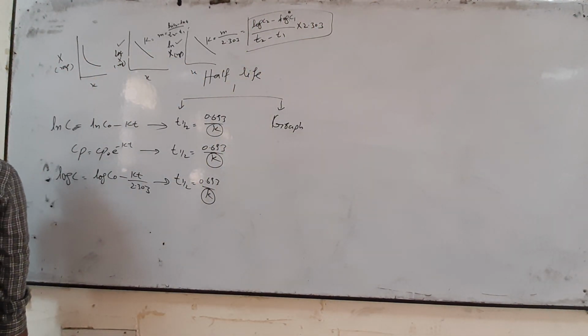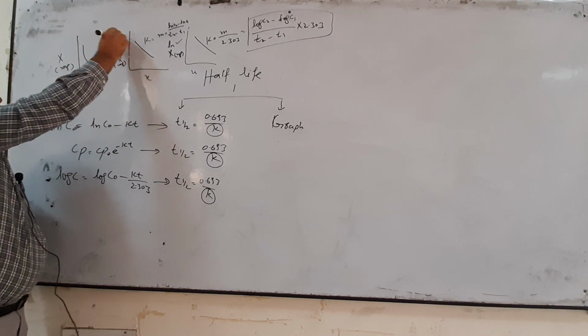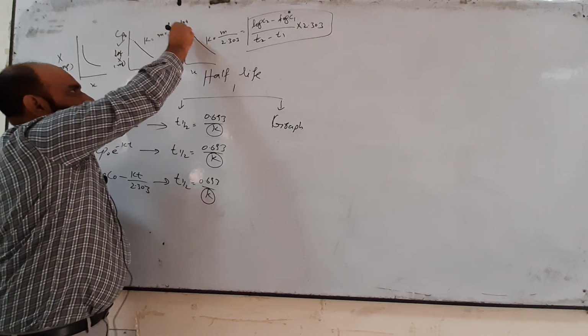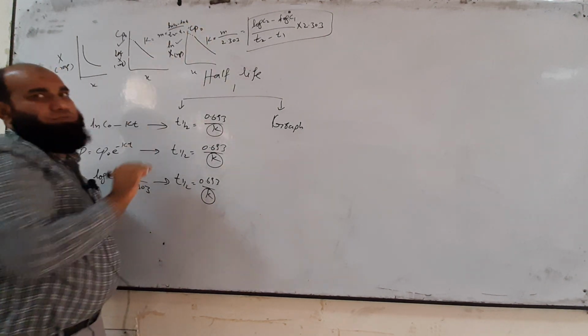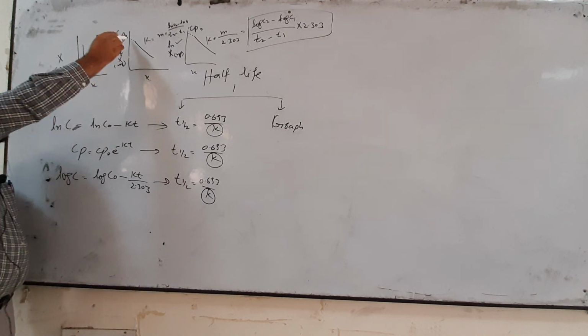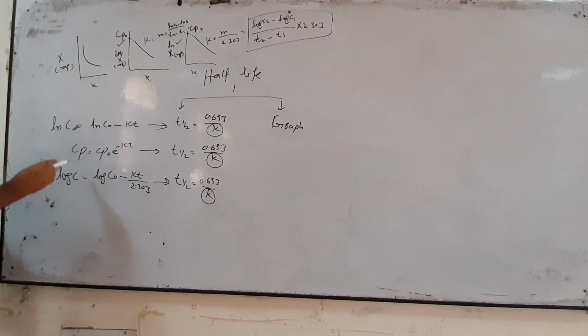What are we discussing? We are discussing this. If we extrapolate it, this value is Cp naught. When we extrapolate it, this value will be Cp naught. In the case of logarithm and natural logarithm, we will take these values and write here Cp naught. And if we know the half-life of the drug, then we can measure the concentration of drug at every time.